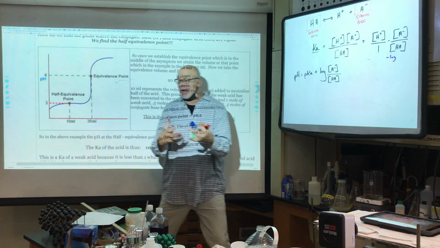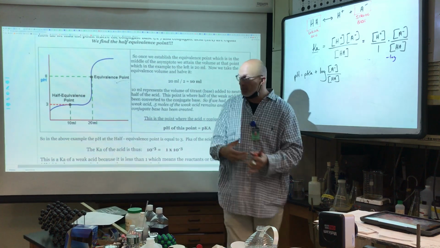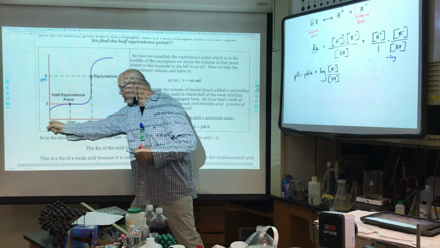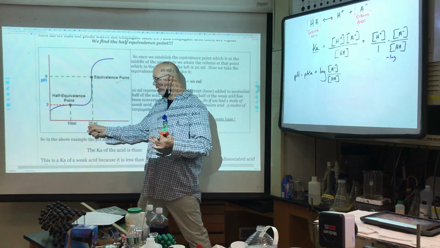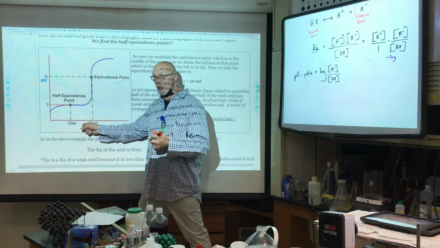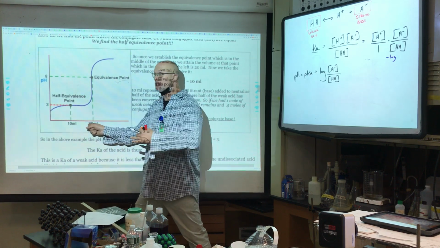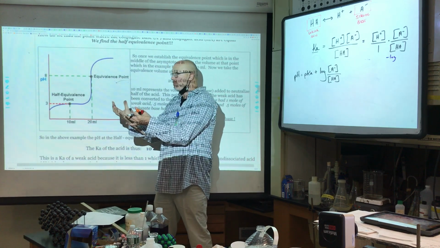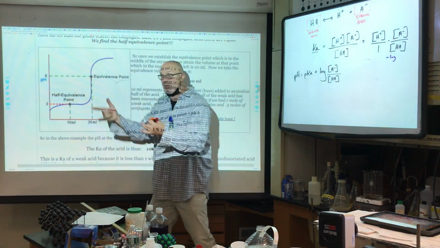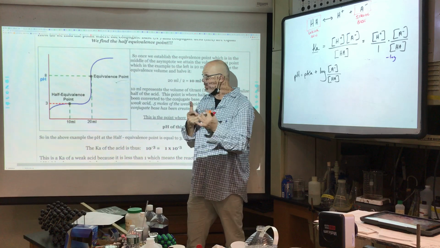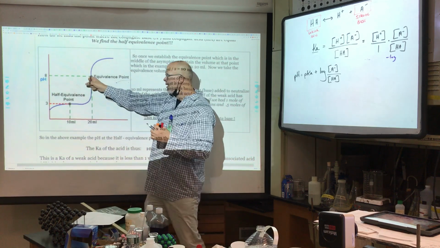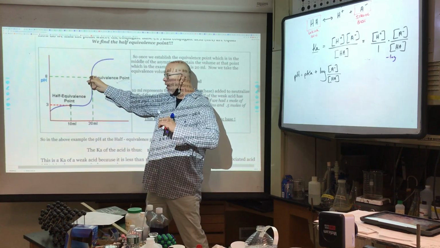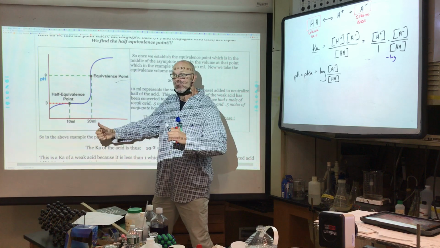And that volume of base has particles of hydroxide, and so this volume is equivalent to some moles. Convert this to liters, 0.020 liters, times the molarity of our known solution, we got moles of hydroxide. And of course, at this point, it equals what? Moles of H pluses, they're the equivalents, right? At this point, we've driven all of the acid in the beaker into water.